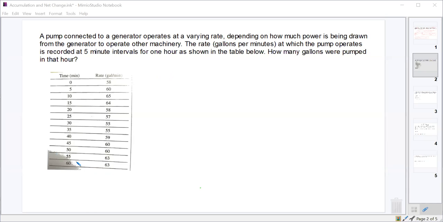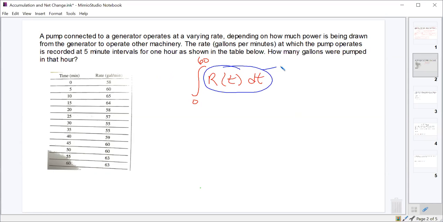So we're going to have to use one of our approximation methods to figure out the integral part of it. So our integral is going to be from 0 to 60 of, let's just call it the rate function, r of t dt. And unfortunately, like you were saying, it'd be nice to have a function for this. We're going to say there is no specific function.